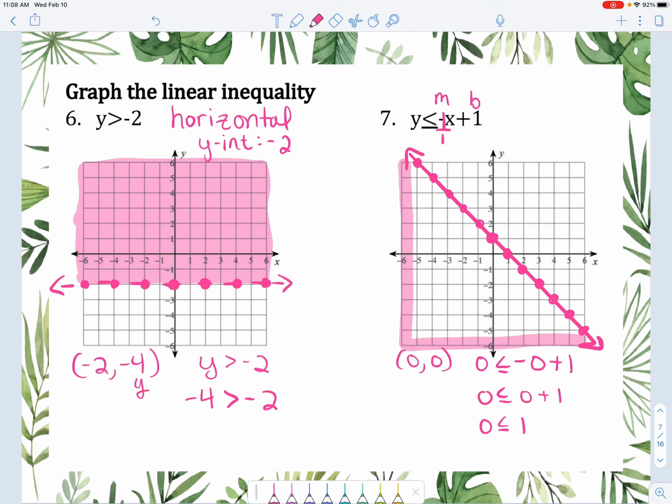So I want to shade this entire region here because this is the section of the graph that contains that point. So that means any of these points in the shaded region, if you plugged it in, they would all work.